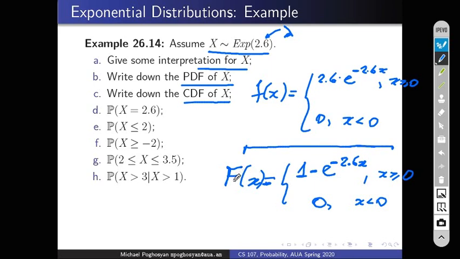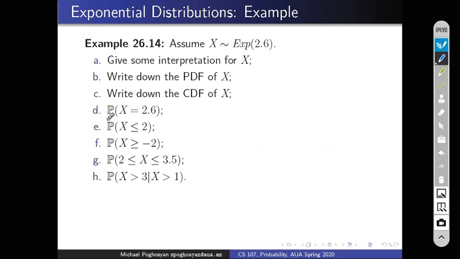To calculate probabilities we usually use this CDF, not integrating the PDF. Well, you can do without this CDF, you can just integrate. It is not so hard, but it is much easier to use this CDF for the exponential case. Say for the uniform case, it is much easier to work geometrically, of course. Okay, so let's move forward.